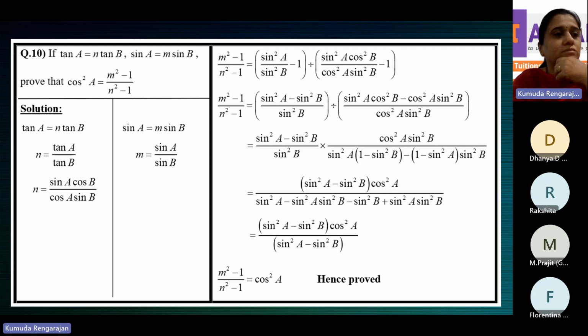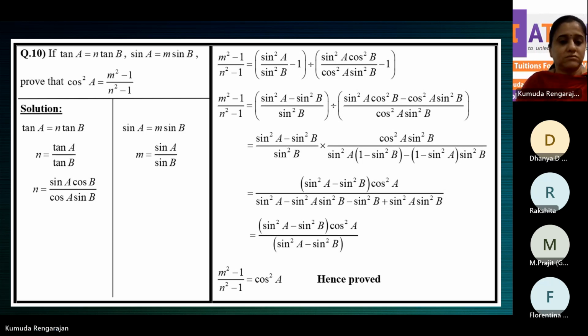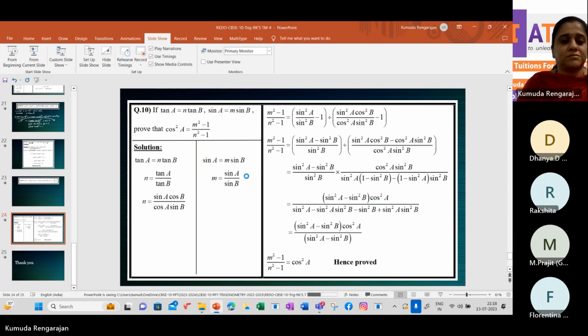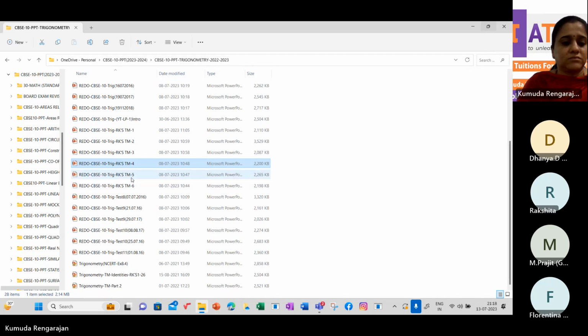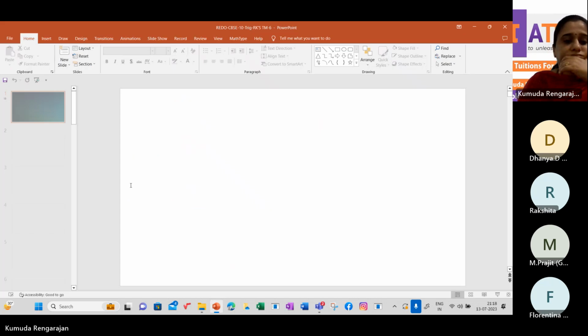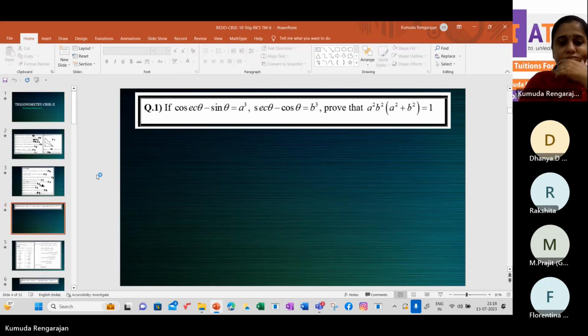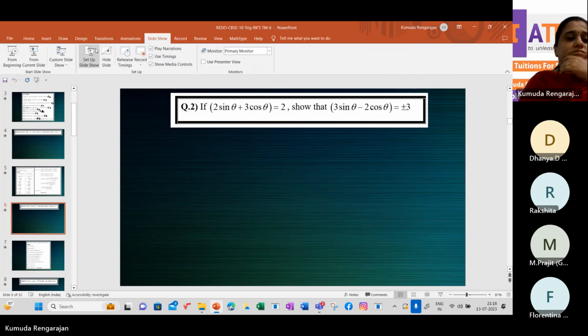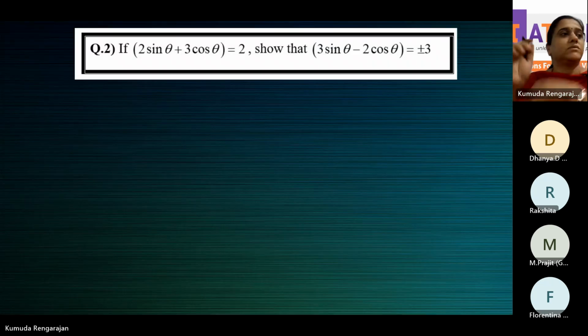You can finish it at home. I've shared the answer on WhatsApp. Let's do this one.